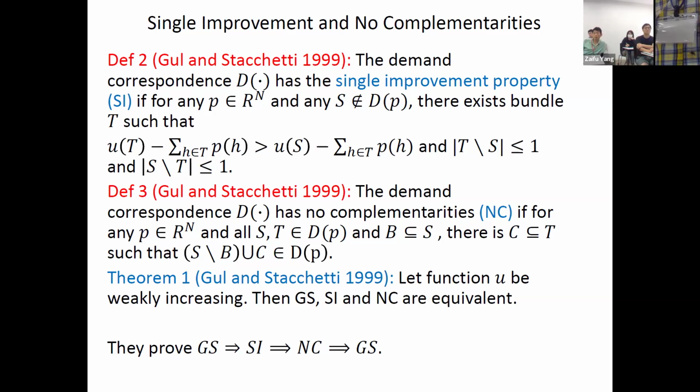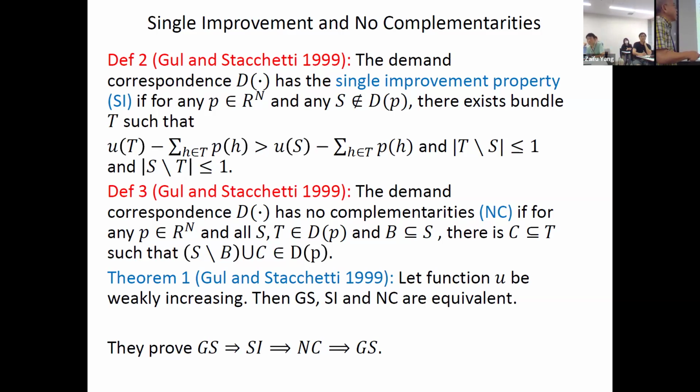is a property called non-complementarity. So you see here, at price P, you have two optimal bundles, S and T. Now you delete some atoms from S. How do you make this new bundle optimal again?